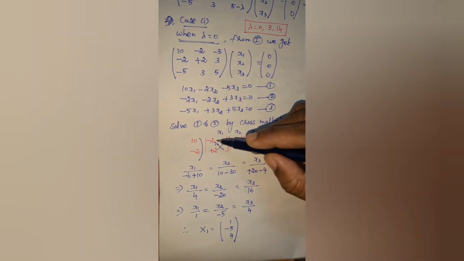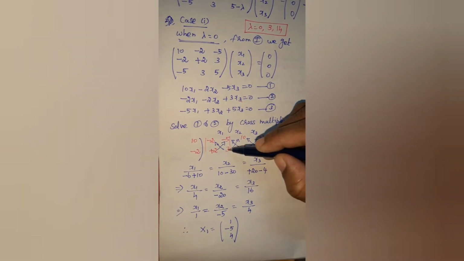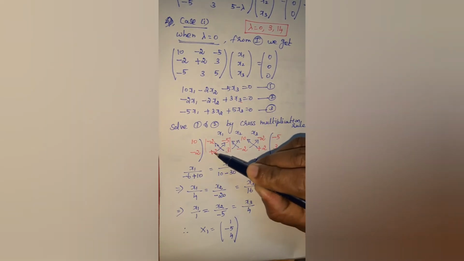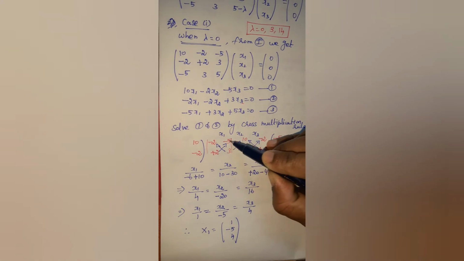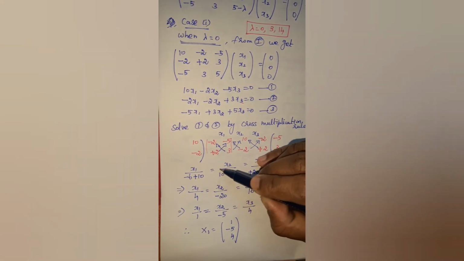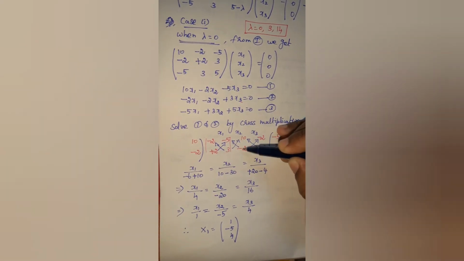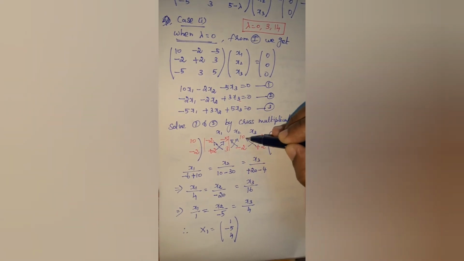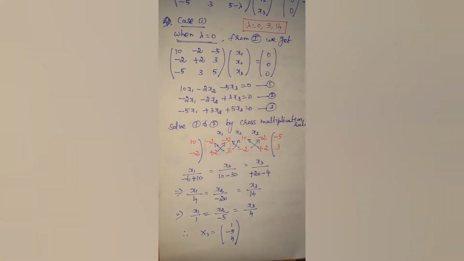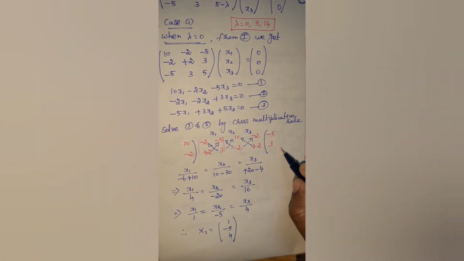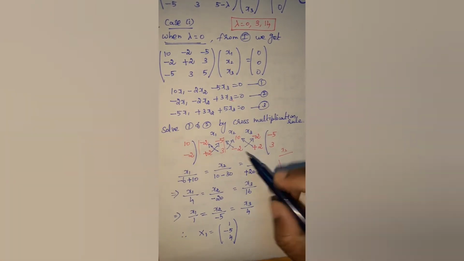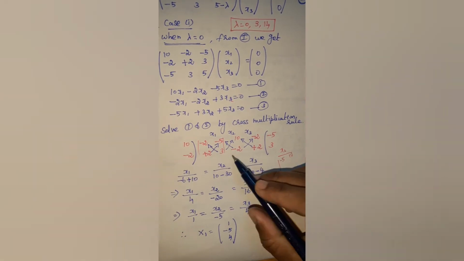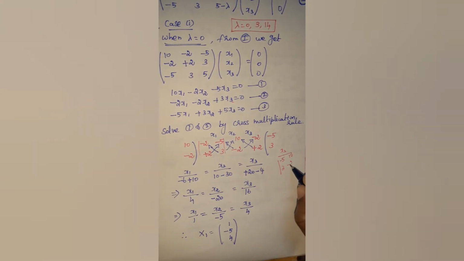So how will you solve the determinant? As usual, 3 into minus 2 is minus 6, minus 2 into minus 5 is minus into minus is plus 10. Now this is equal to x2 by, so when you take x2, you take the second and third column, right? x2 by determinant of minus 5, 10, 3, minus 2.